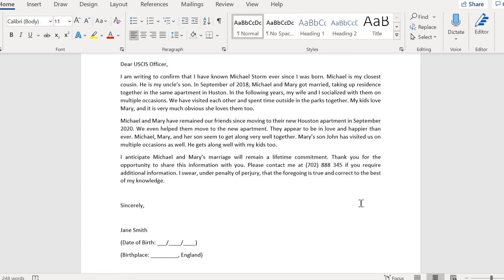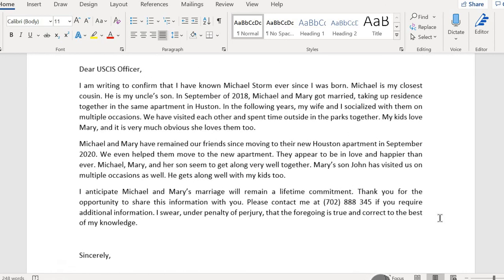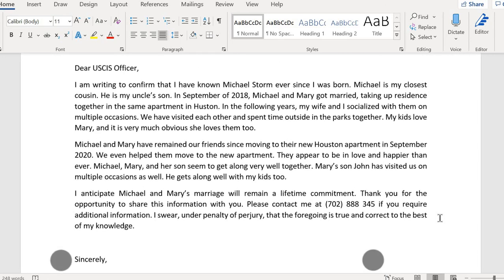Since when do you know each other, and the way that you see their relationship, and whether you see their relationship or marriage as a lifelong commitment or something similar, and you can even provide your cell phone number. Besides your full name and address, you should also provide date of birth and birthplace as well. And this is the body form of this letter.